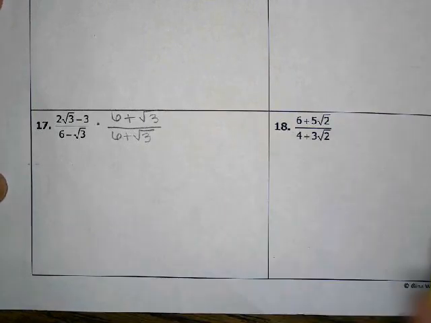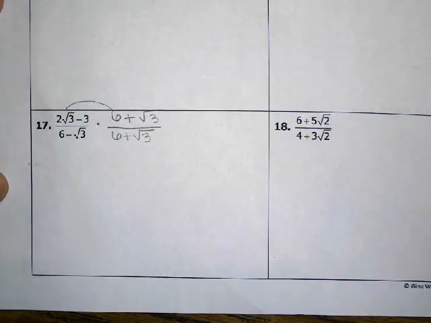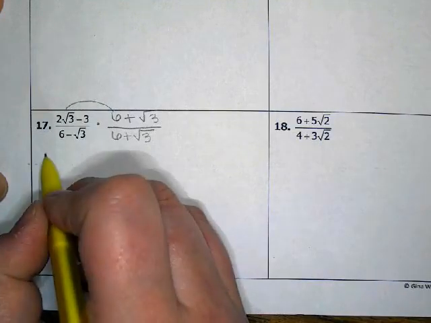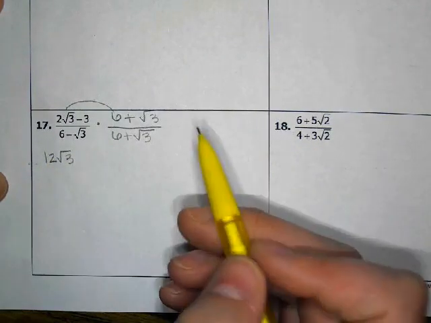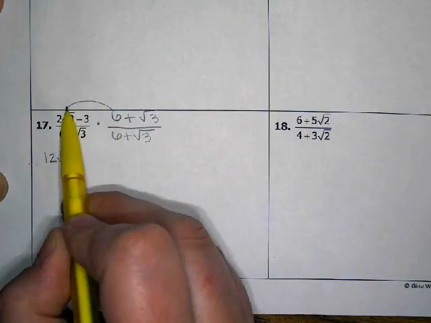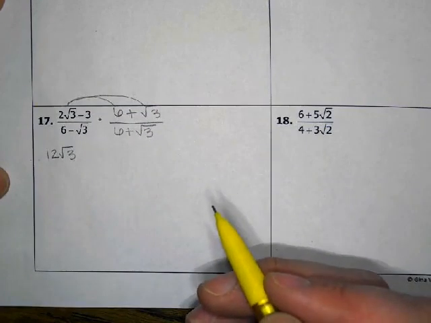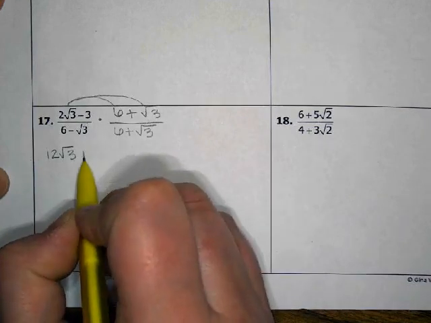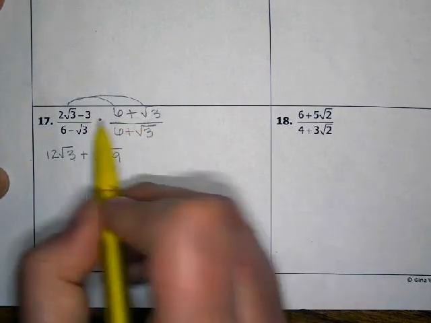So 2 root 3 times 6 is 12 root 3. And then 2 root 3 times root 3, 2, so plus 2 times the square root of 9. Okay. Negative 3 times 6, negative 18.